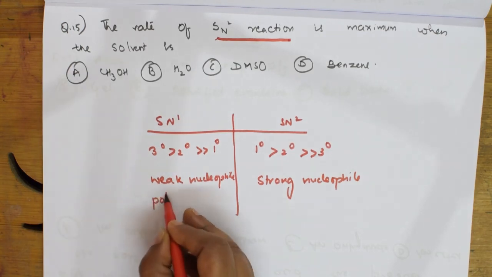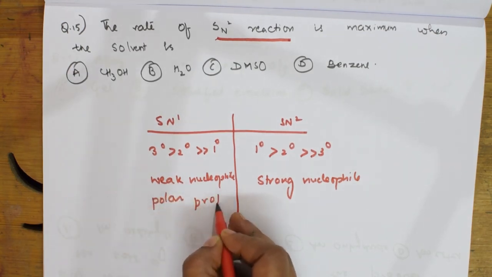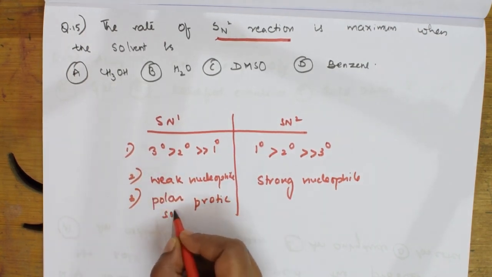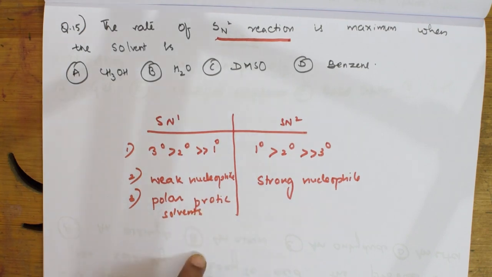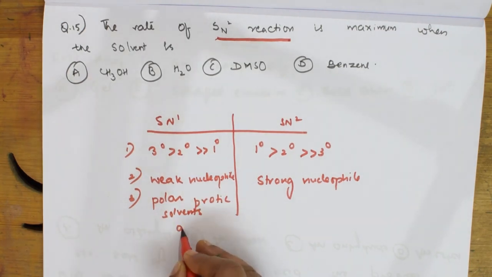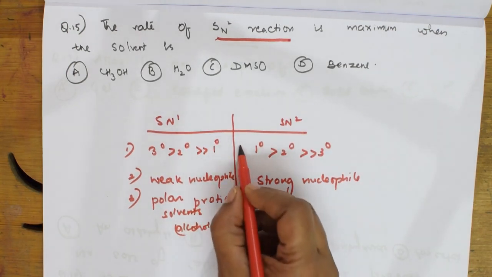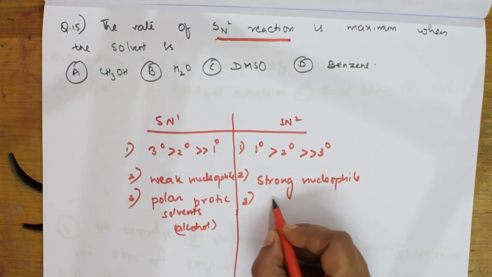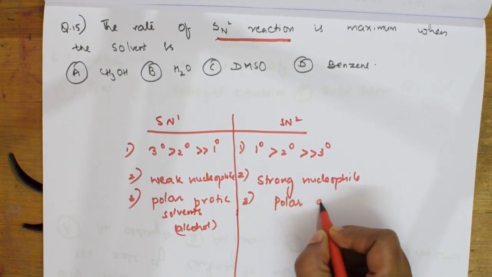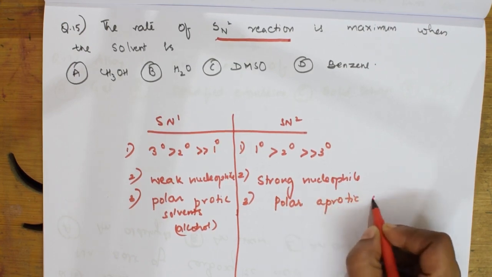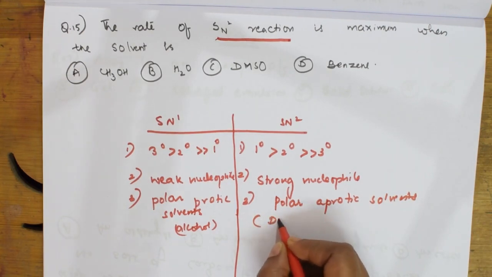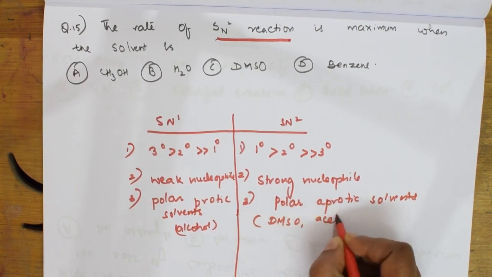Always remember, in SN1 we require polar protic solvents. Let us name one polar protic solvent: basically alcohols. For SN2 we will always require polar aprotic solvents. What are they? Examples are DMSO and acetone.